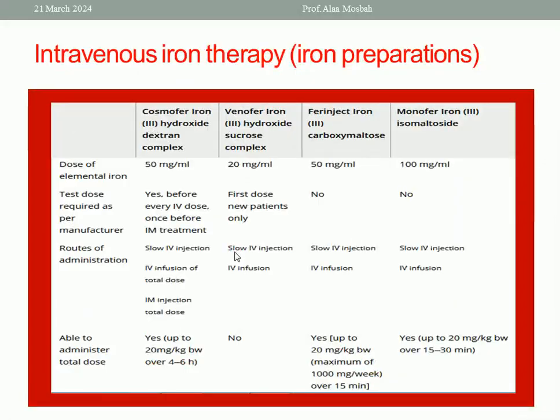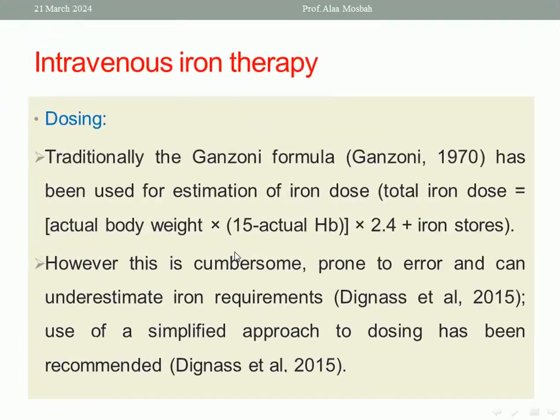So let us go to intravenous iron therapy dosing. Traditionally, the Ganzoni formula, 1970, has been used for estimation of iron dose. As you see, this is the formula. It is a complex formula.